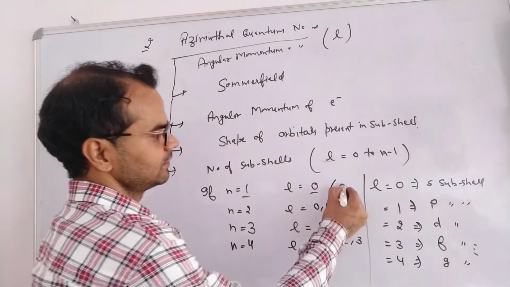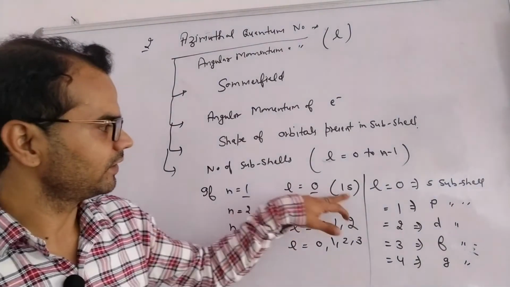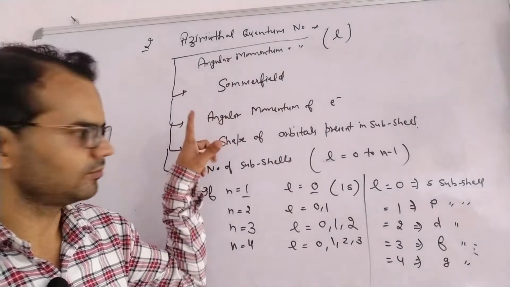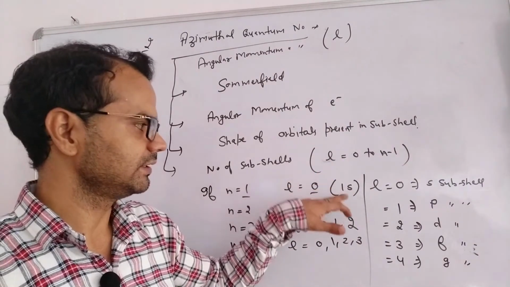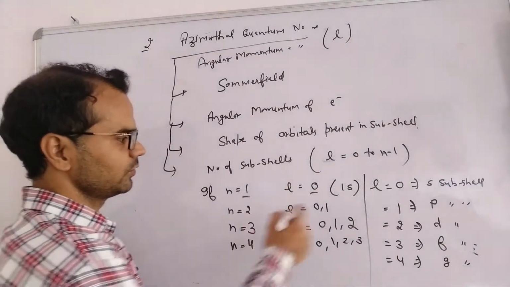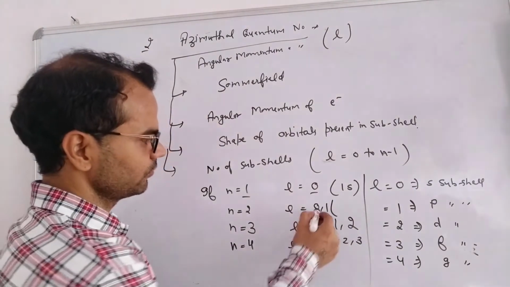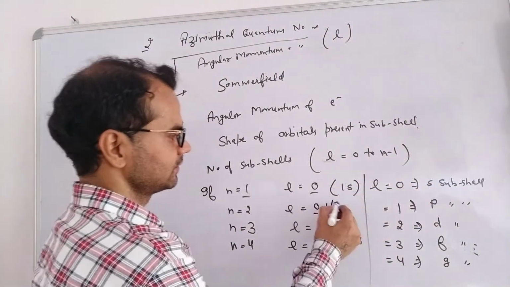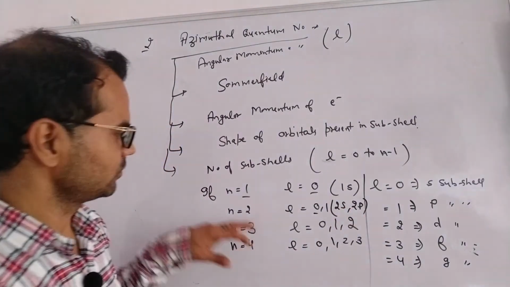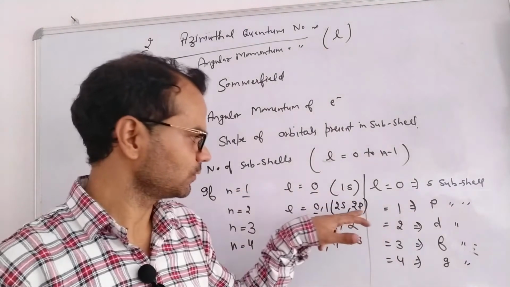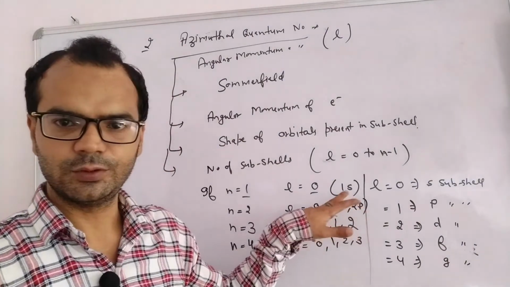It means this is 1s. 1 represents the principal quantum number, the shell number, and s represents the subshell. For n equal to 2, l can be 0 and 1, so 2s and 2p. The second shell contains 2 subshells, 2s and 2p.